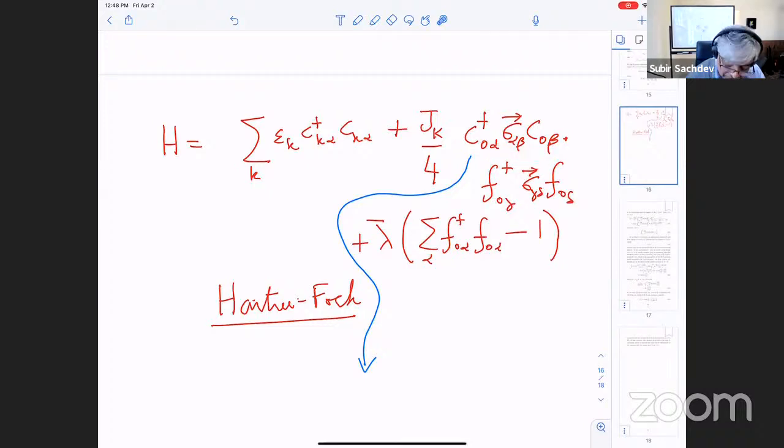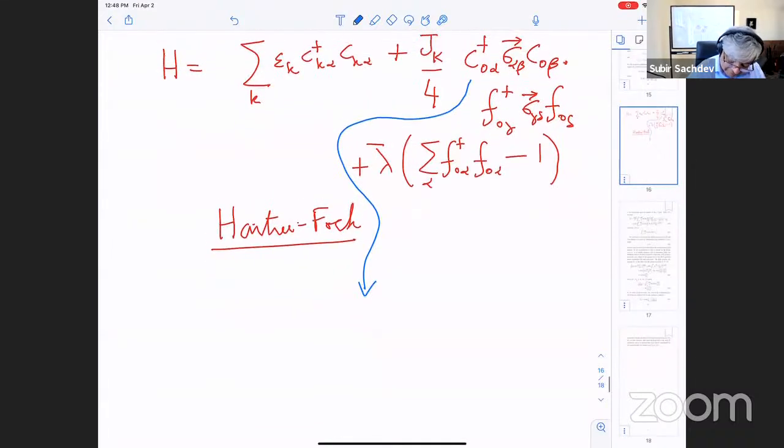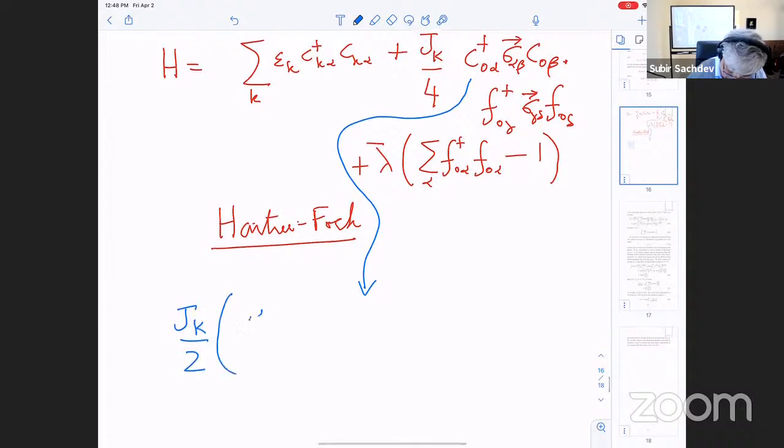And there's some factors of 2 that you have to keep track of. So when the dust settles, what you get at the end is, I think, J_K over 2 times the factorization of c dagger f times f dagger c.